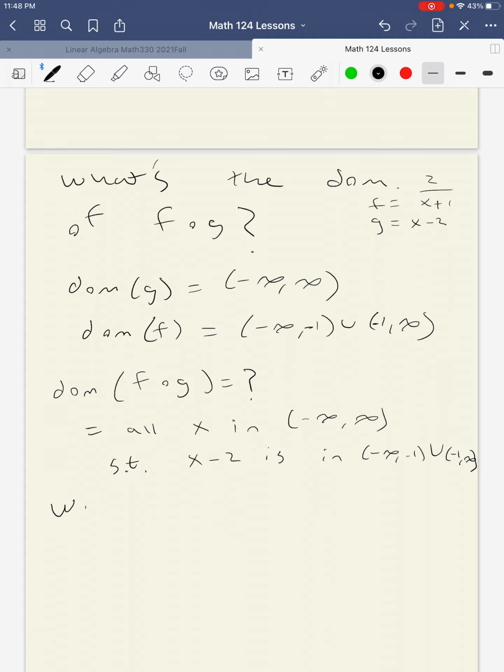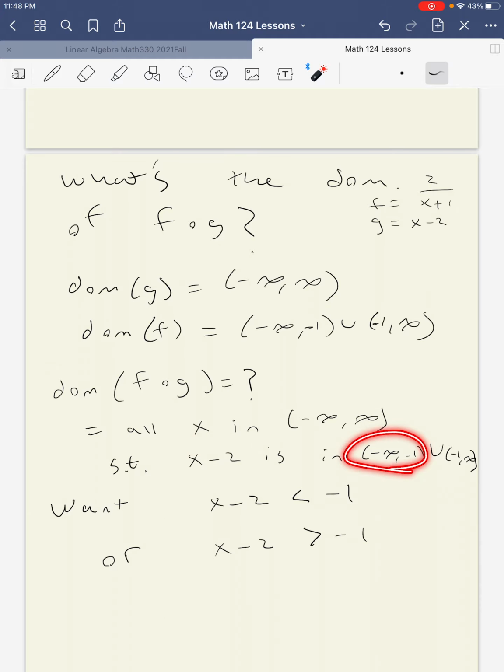Okay, so we want x minus 2 to either be less than negative 1, or we want x minus 2 to be greater than negative 1. Because if x minus 2 is less than negative 1, it will be in here, which is fine. If x minus 2 is greater than negative 1, it will be in here, which is fine.